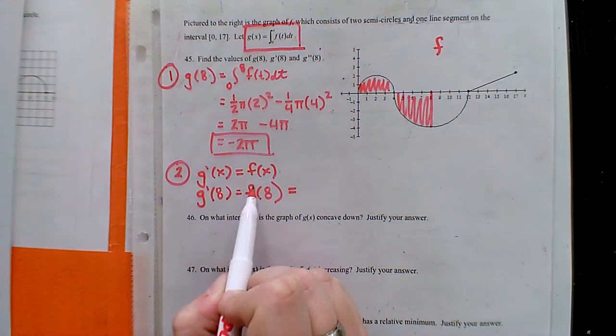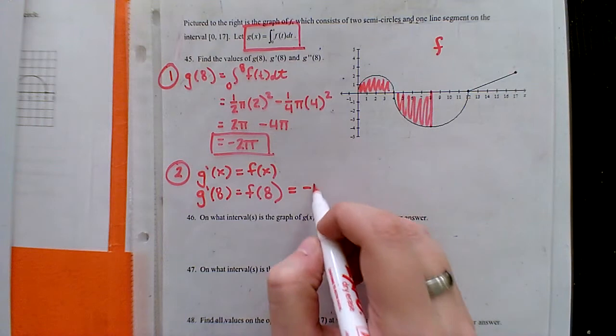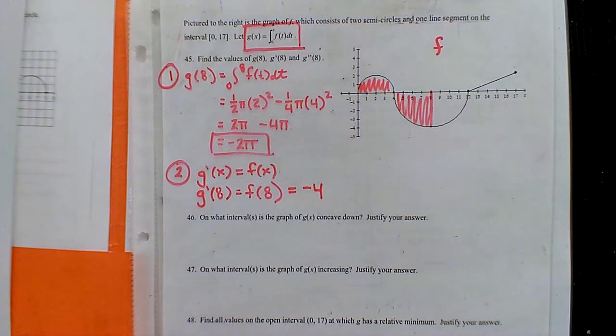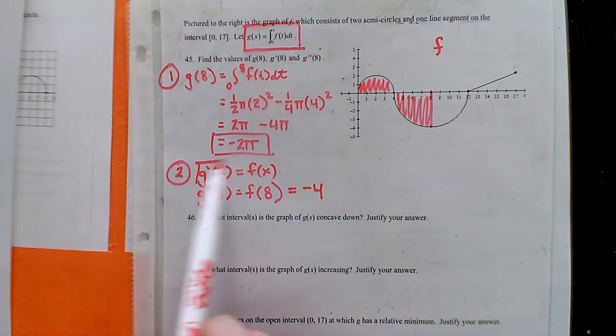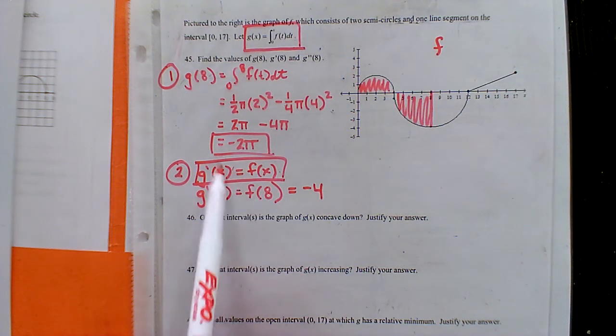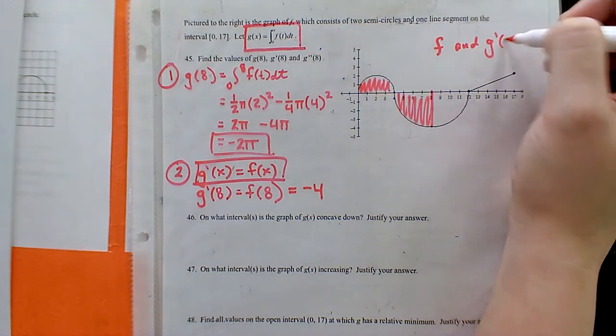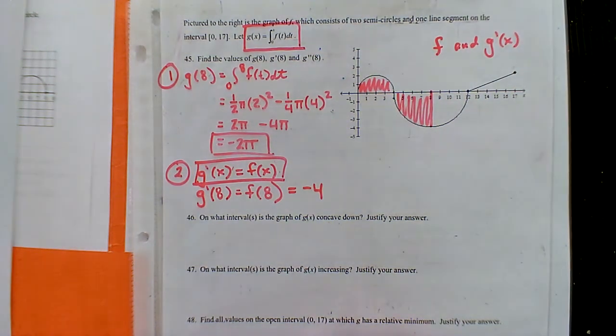If we plug in 8 into the graph of f, which this is, we'll get negative 4. So maybe we'll make note of that. Notice how this statement here, when we found the derivative, not only is this the graph of f, but it's also equal to the graph of g prime. Kind of similar to the last one. So it's the graph of little f, but also the graph of the derivative of g.